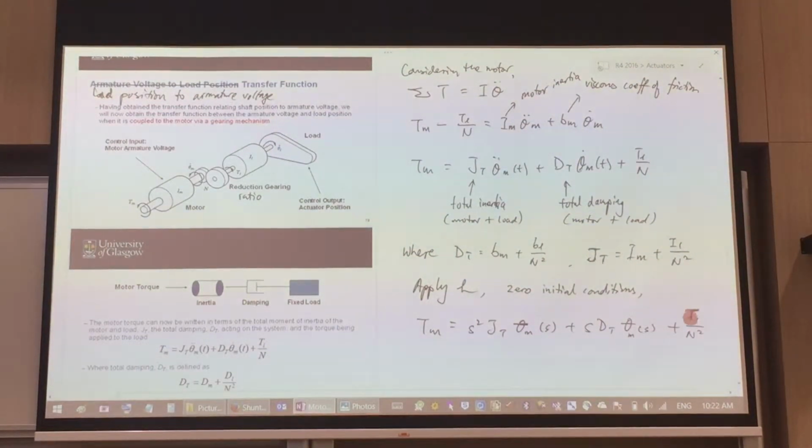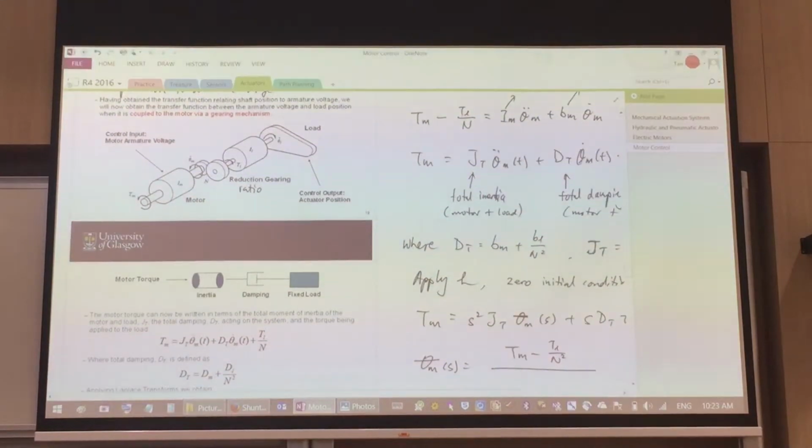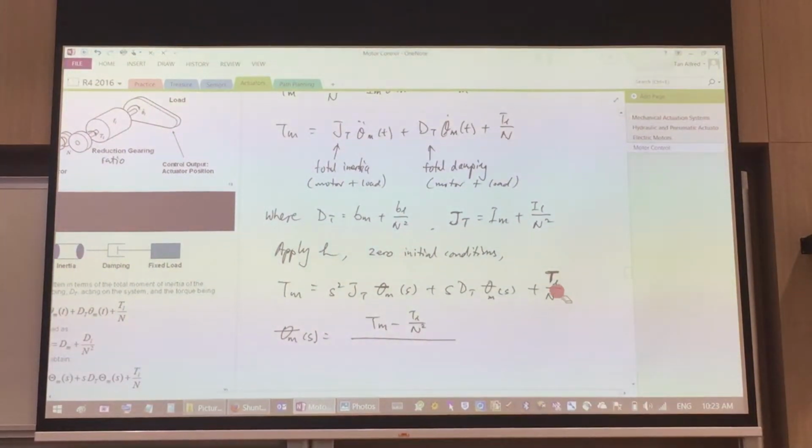Taking the Laplace transformation, there's a common factor, theta m of s. I'm going to take that one. So Tm minus TL over n, there's no square.